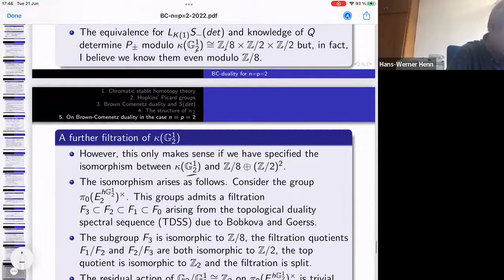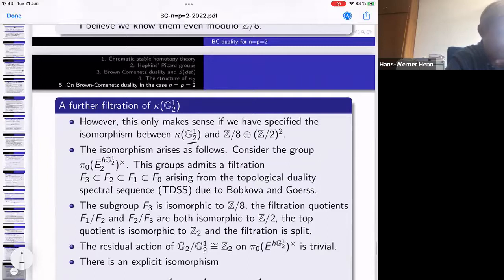In this filtration, the subgroup F3 is isomorphic to C mod 8, and the two filtration quotients F1 modulo F2 and F2 modulo F3 are both isomorphic to C mod 2. The top quotient is isomorphic to C2, and the filtration is split. The residual action of G2 modulo G21, which is isomorphic to the additive group of C2, on this group of units is trivial.